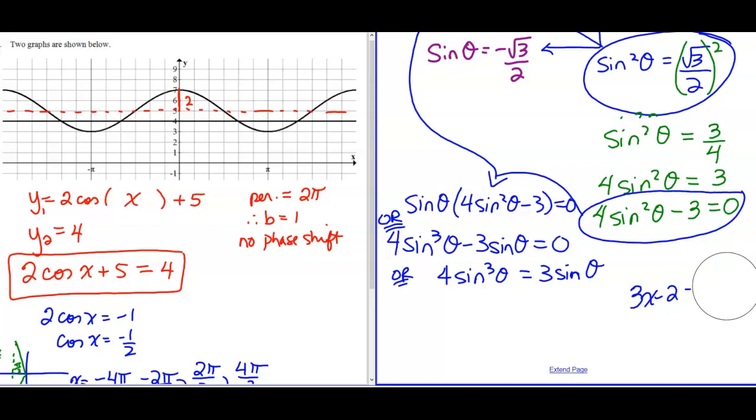Say x times 3x minus 2. If you divide out by 3x minus 2, all that you'll get will be x equals 1. And you're going to miss the solution. So try not to divide by a variable. In this case, the variable is with sine. So try not to divide by that.